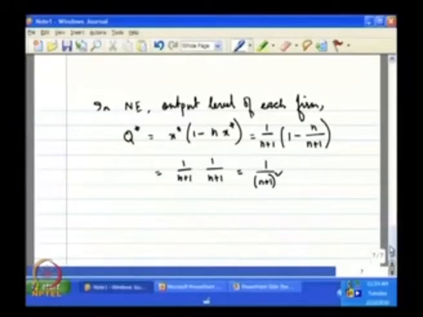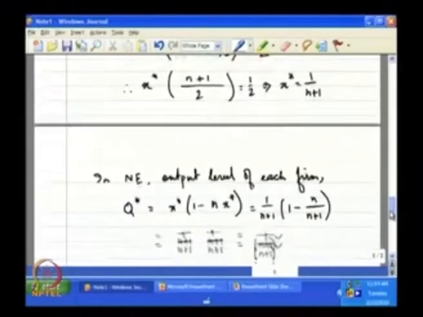But is it possible that the firms can produce some other output levels at which the output is higher than this level? In terms of the prisoner's dilemma, is it possible that the prisoners do not confess and each of them has a higher payoff? Can we find such an action profile?